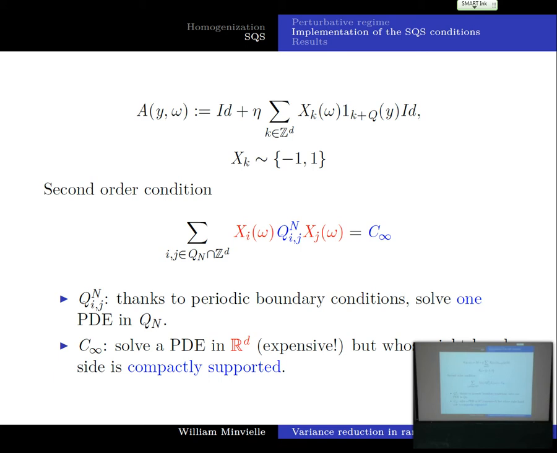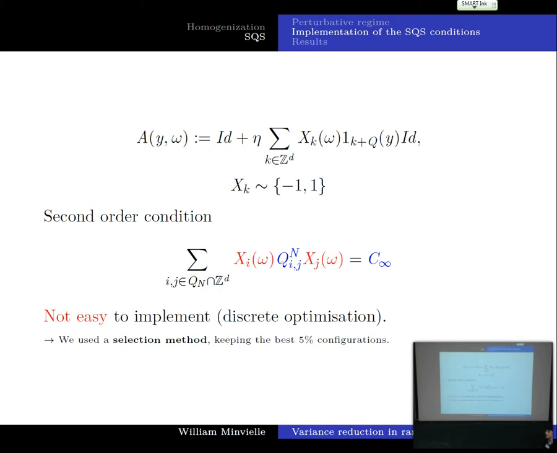So I select the configurations, and on the configurations that I've selected, which I may pick 5% of them, I will solve the PDE. I will solve the corrector problem. So I'm not solving a corrector problem and then throwing out the answer, if you wish. I'm just solving the corrector problem on configurations that I've selected beforehand.